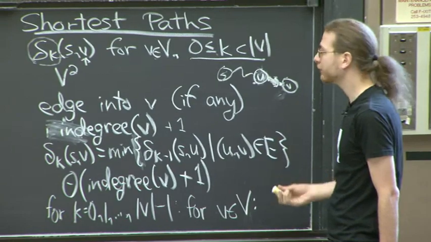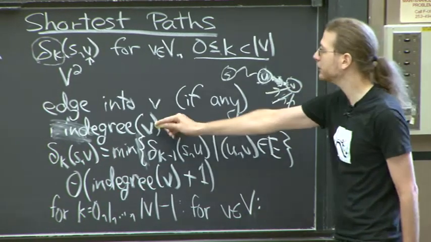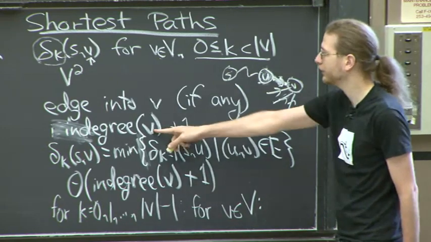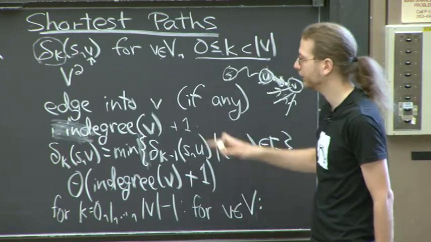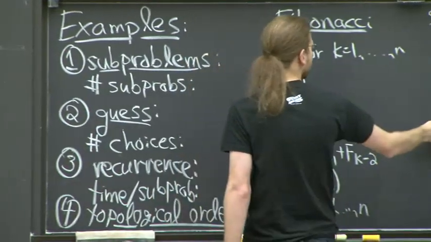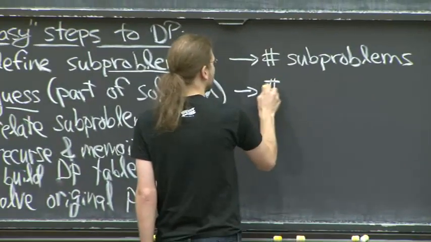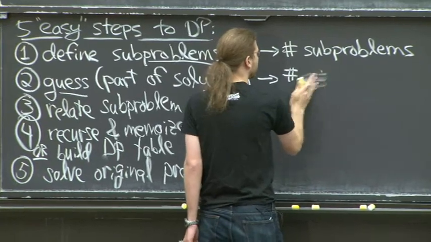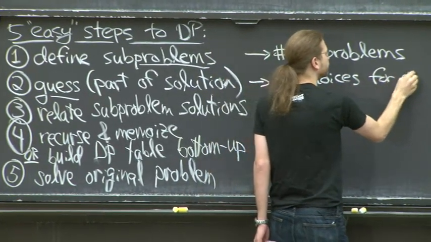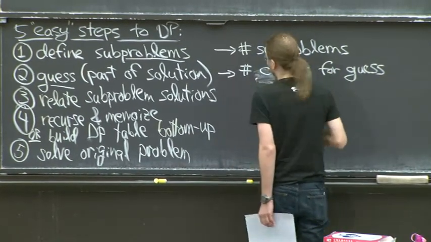What could that edge possibly be? Well, it's some incoming edge to V. So there's going to be in-degree of V different choices for that. And to account for the case that that's 0, we do a +1. But that's not a big deal. So that was the number of different choices. In general, if we're going to guess something, we need to write down the number of choices for the guess. How many different possibilities are there? That's our analysis.